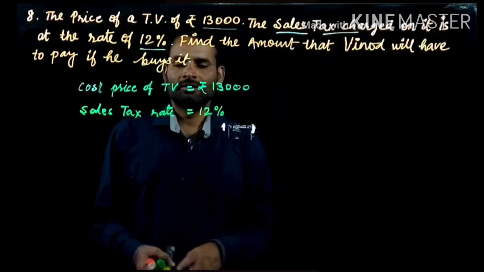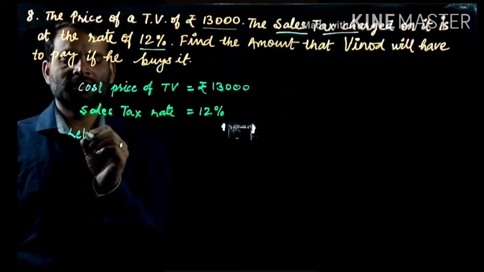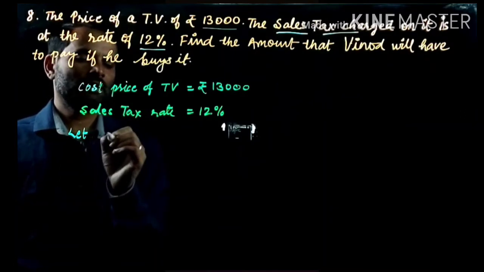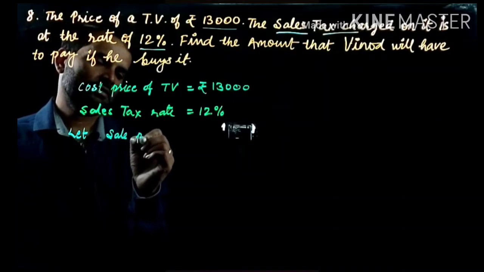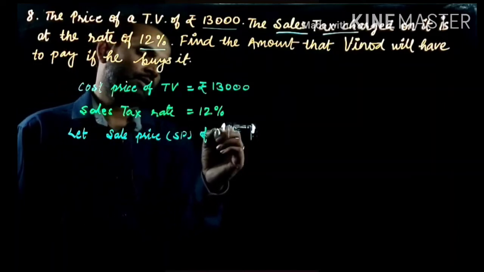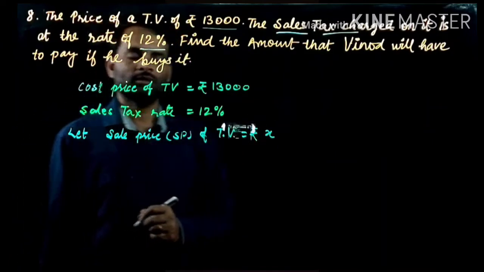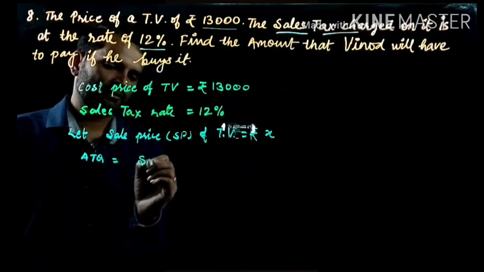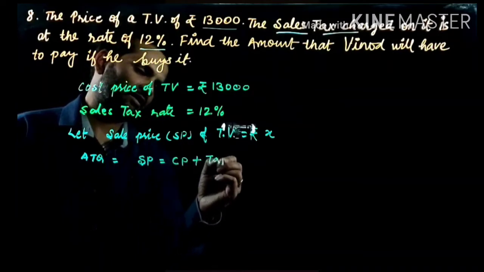Okay, then you find, let the sale price, meaning SP of the TV, be rupees X. According to the question, SP is equal to CP plus tax.